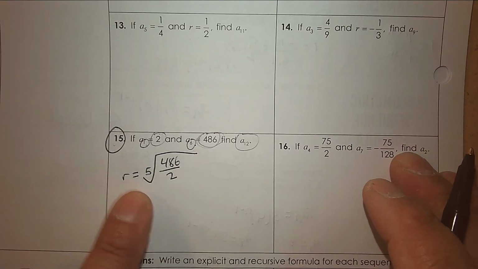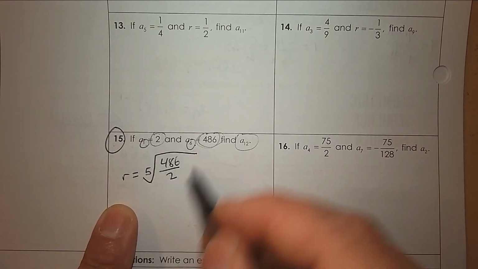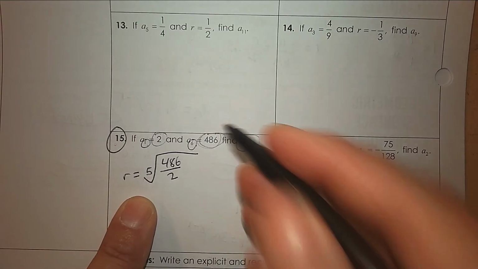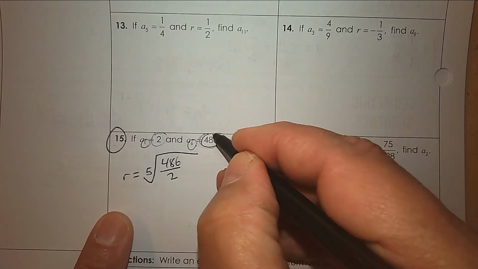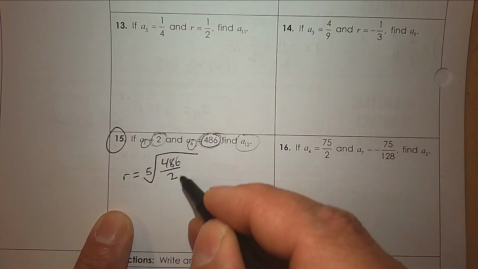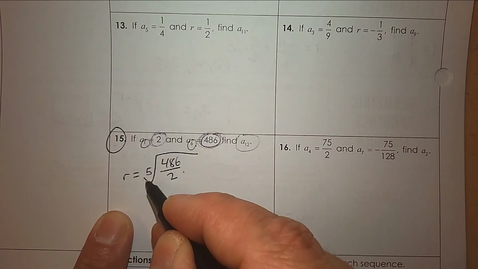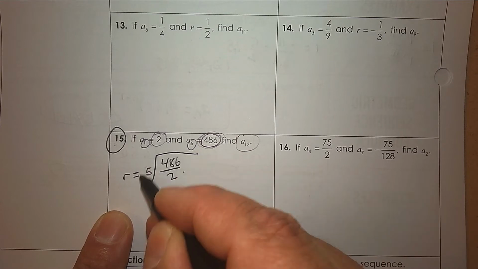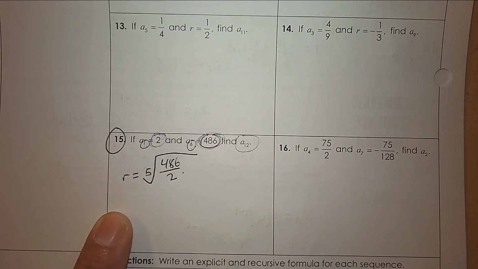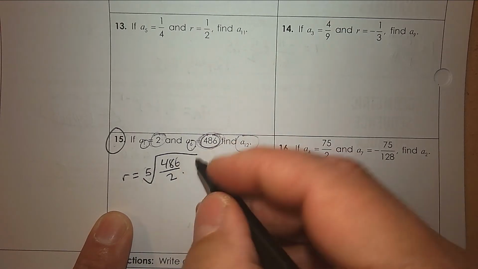Can you find the fifth root of this, and that will give you the answer? Let me remind you what I did again. I took the last term divided by the first one I know, 486 divided by 2. Then I used a radical, and the index of the radical was found by subtracting the term numbers. Now I'm going to use my calculator.